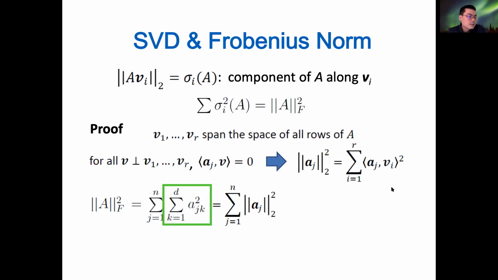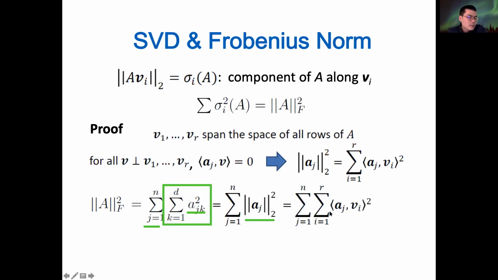If you look at the inner summation here, it is telling you, for a particular row j, what is its element-wise square summation. It's really this row vector's length squared.